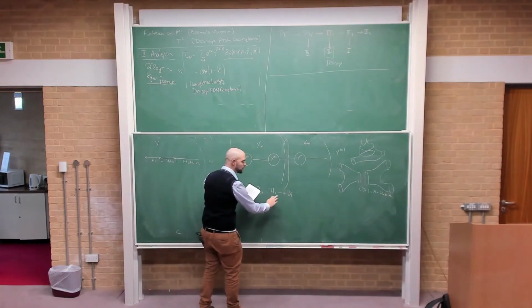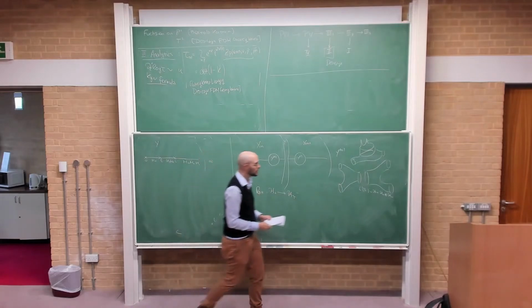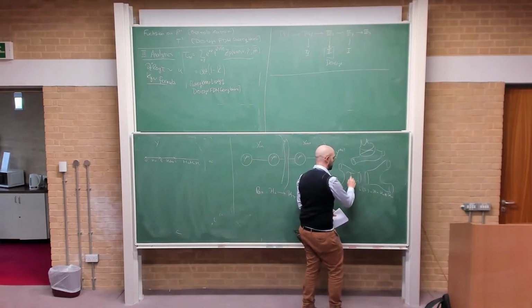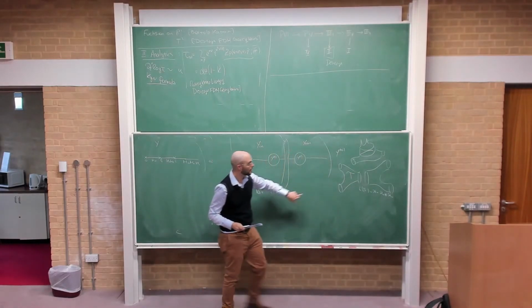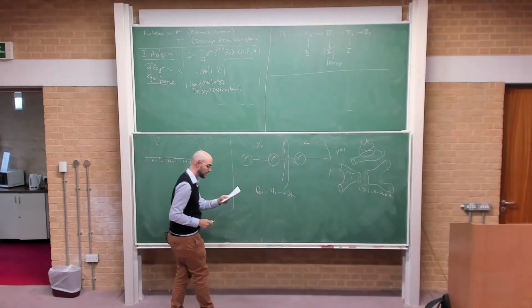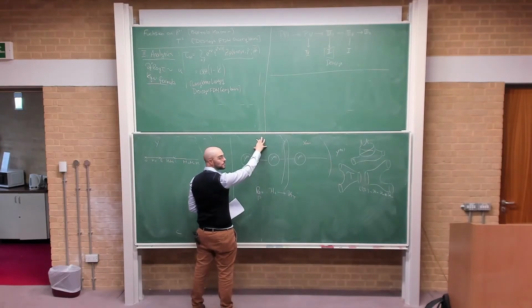And then I have a projector from the positive frequencies to the space of functions that can be analytically continued inside the trinion. And then I also have, and this is just defined in terms of this.